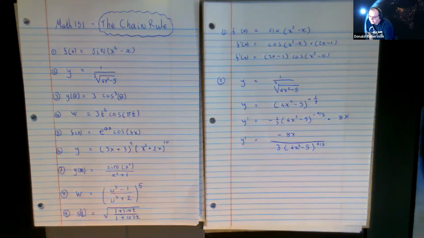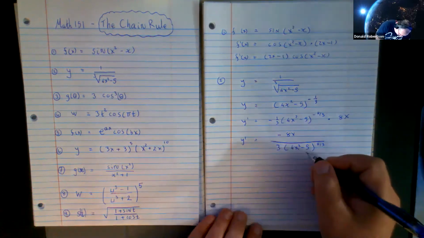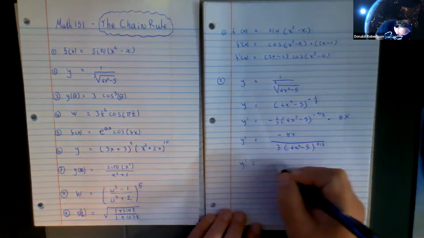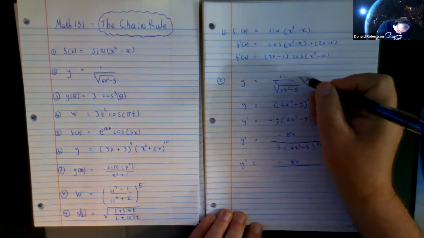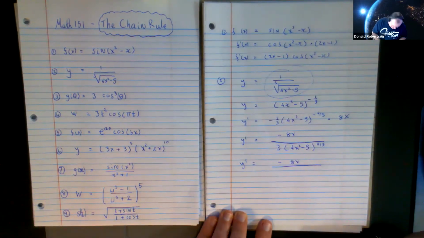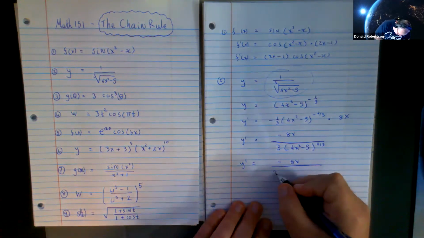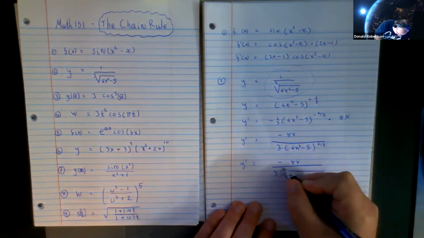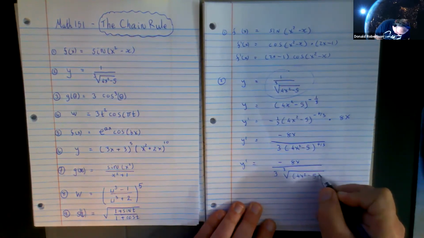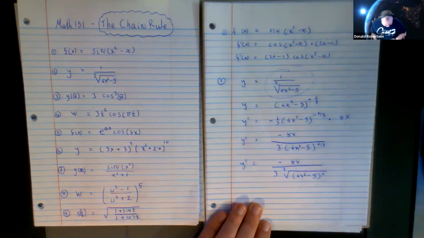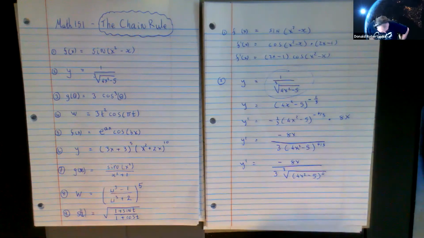Right, this is just moving things around. Now that's better, but it's not quite what we want. Don't we want it to look like the original? So it's going to be 3 the cube root of 4x squared minus 5 to the power of 4. And that's us finished.